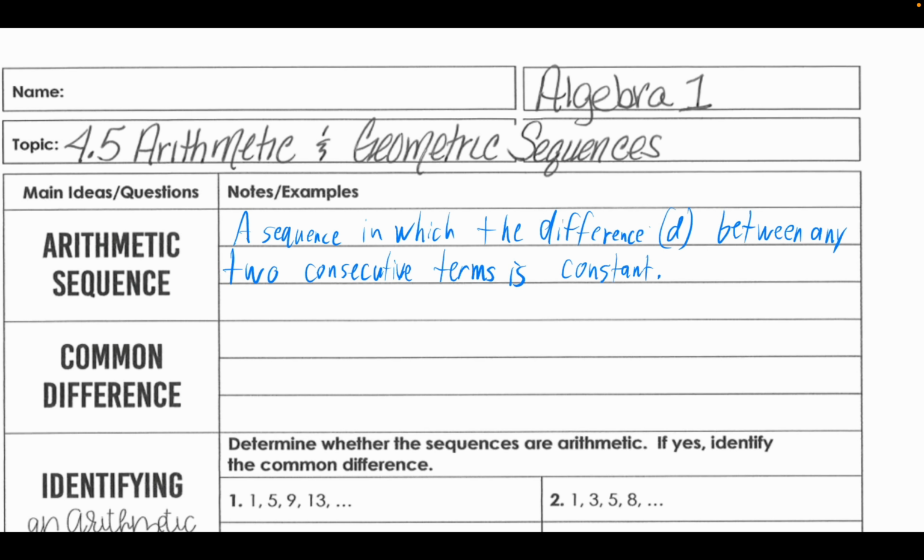So essentially it's increasing or decreasing by the same amount between any two consecutive terms, any two terms in a row. Common difference is, once again, that letter D, and it is the numerical difference between any two consecutive terms.